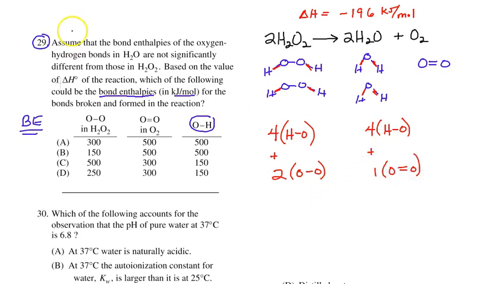Now, what is the formula for delta H with bond energies? It's a little different. It's not products minus reactants, and that's what they're trying to get you with here. The delta H using bond energies is the sum of the bond energies broken, which is, of course, the reactants, minus the summation of the bond energies formed, and that's the products.